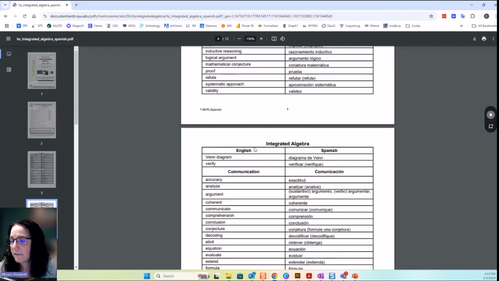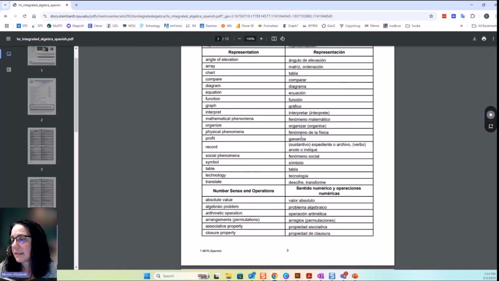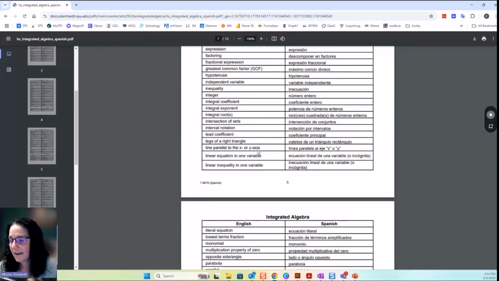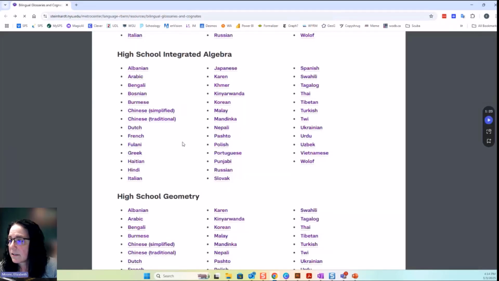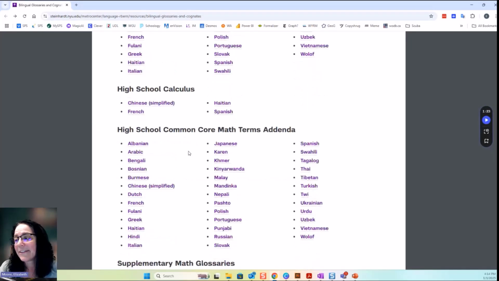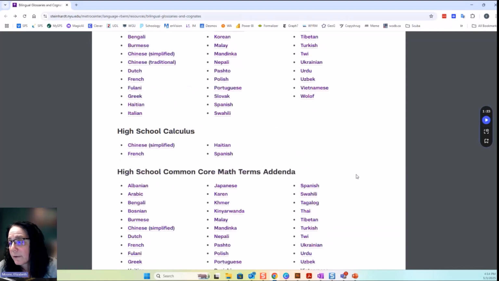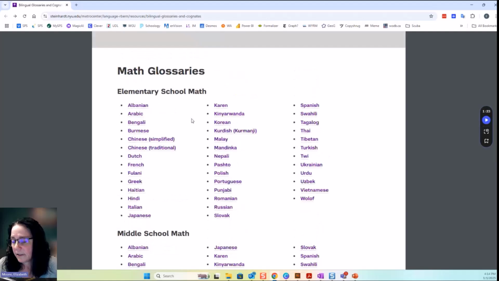So it might take a little bit of looking through to find the things you want, but it's got math-specific meanings that we have lots of smart folks over at NYU who are making sure that these are good translations. And you see we have all the high school classes, even some calculus, and there's some Common Core math terms addenda here, and some supplementary math glossary. There's quite a few languages that can be found here. And then you can find your math terms to share.